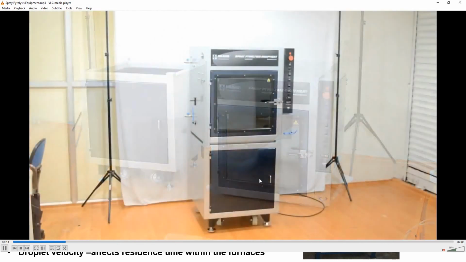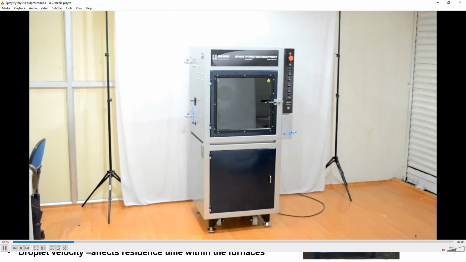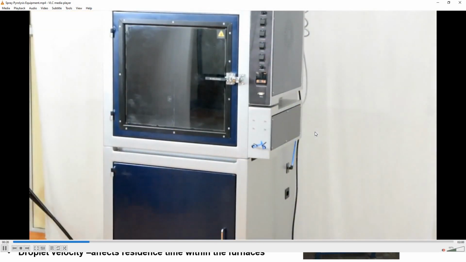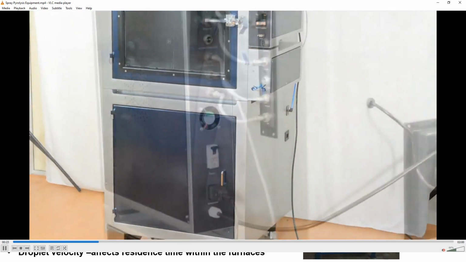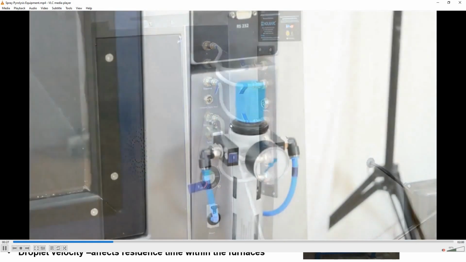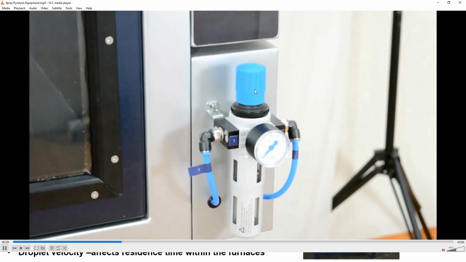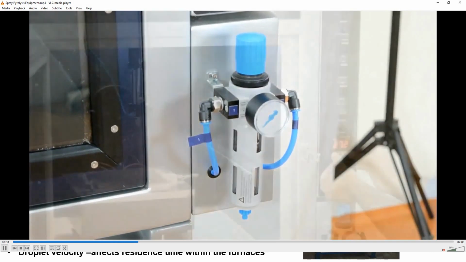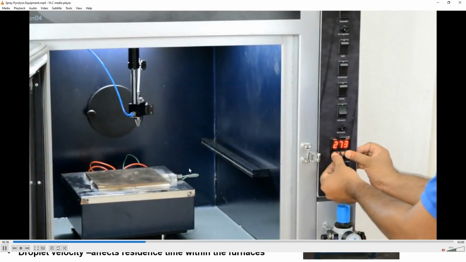So this is the lab scale instrument, where this is the chamber where we process. These are various interfaces. This is the gauge from where, if we want to do the process in presence of some gas, then also we can do.